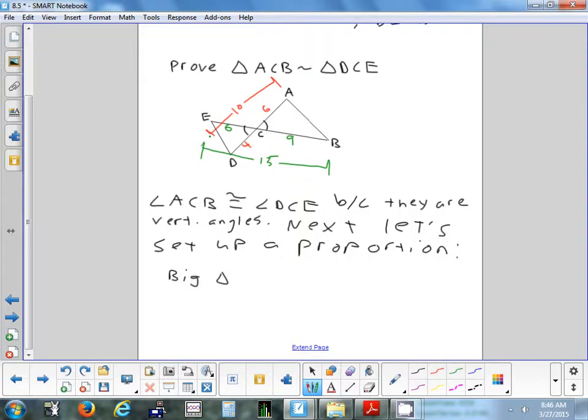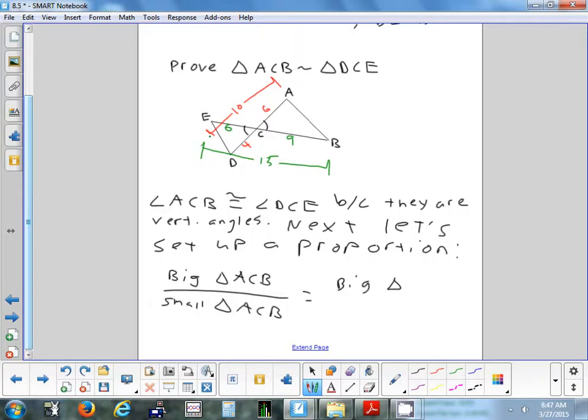big side of triangle ACB. Okay, and let's compare that to the smaller side in triangle ACB. So big to small. And then let's compare that to the big side of triangle DCE.